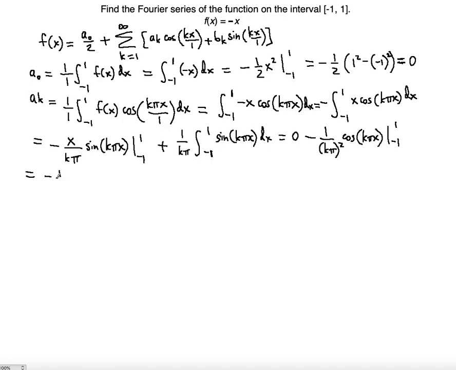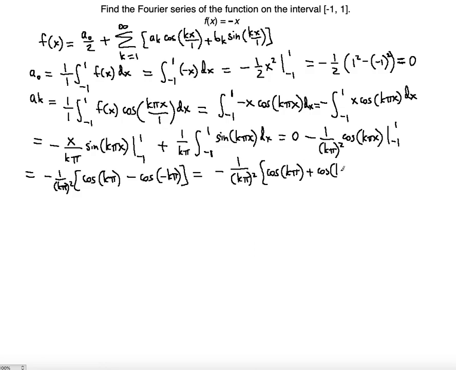So you will have -1 over k pi squared times cosine of k pi minus cosine of negative k pi, which is going to give you cosine of k pi plus cosine of k pi.